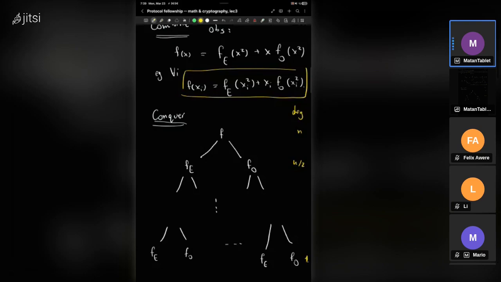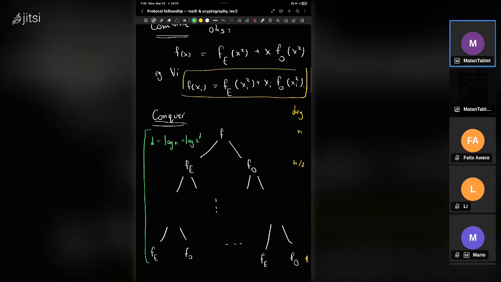Now, how many stages do I have? The height of this tree is log of n. So d equals log of n, right? Because n is 2 to the d. Okay, so I have these stages.